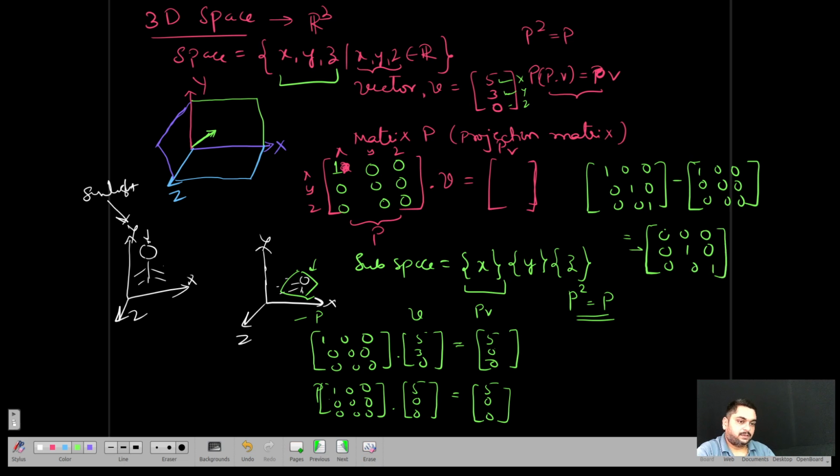If you observe here, this y and z is given because 1 was set here. This is x y z. Previously it was 1 here, so x axis. Now what it means is this will give you the projection of the same vector on y and z axis.